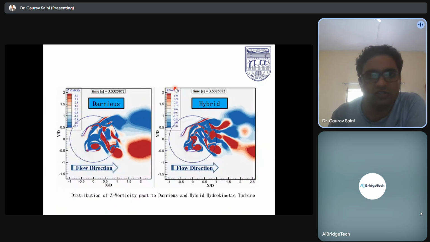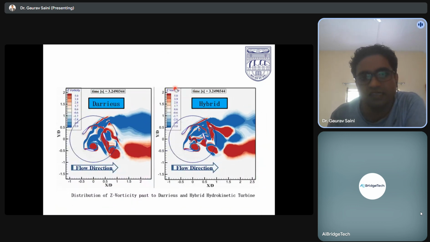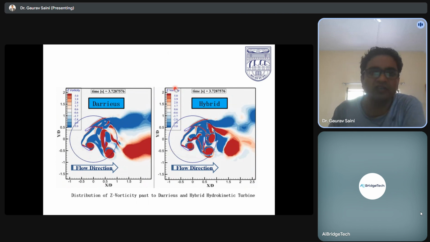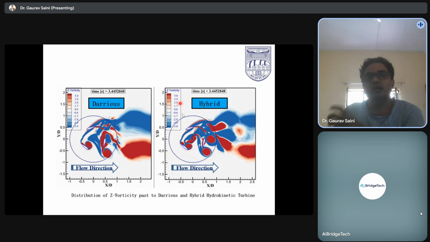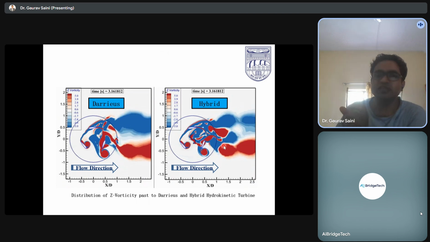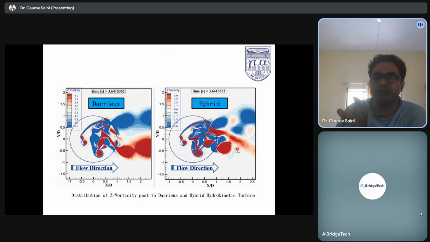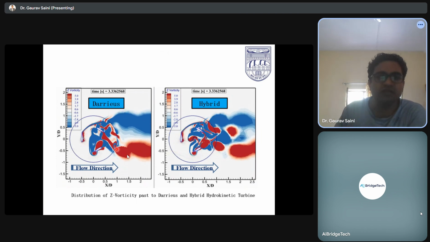So next, you can also visualize how the vortices are basically generated, and you can see the hybrid rotor is generating fewer vortices. It means it is disturbing less, as compared to the Darrieus one, on the downstream side.